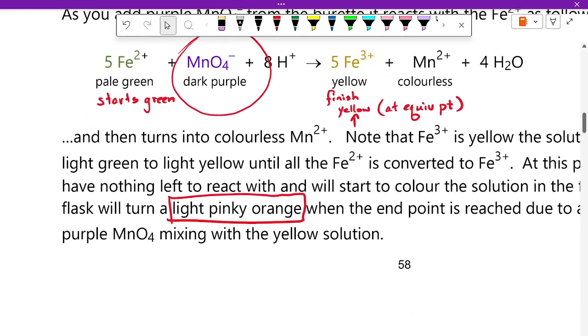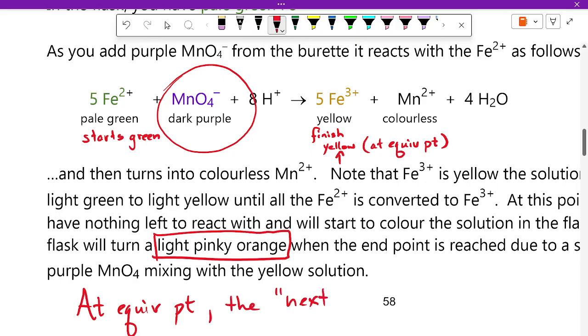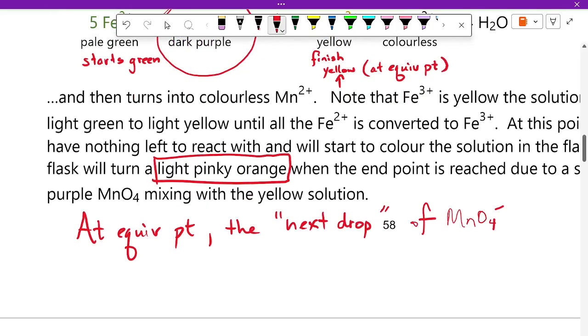Okay, so at the equivalence point, the next drop of MnO4- stays purple, because there's no Fe2+ to react with.